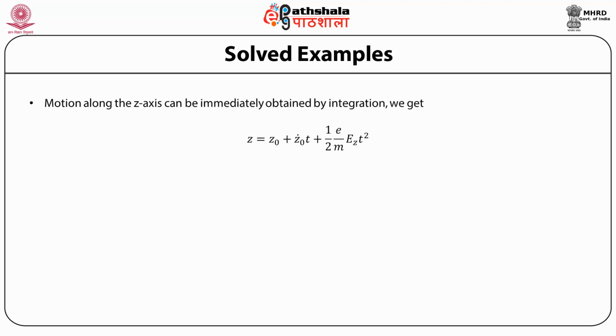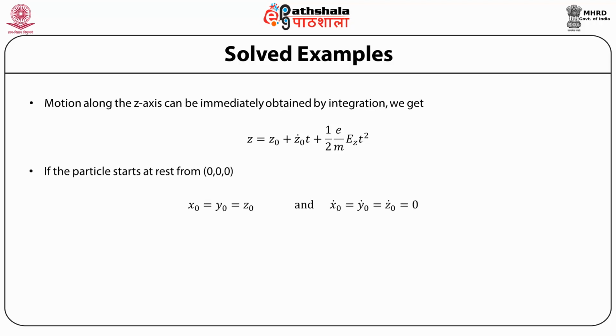Motion along the z-axis can be immediately obtained by integrating the last equation twice, and we get z is equal to z naught plus z naught dot t plus half e by m Ez t square, where z naught dot is the initial velocity of the particle.